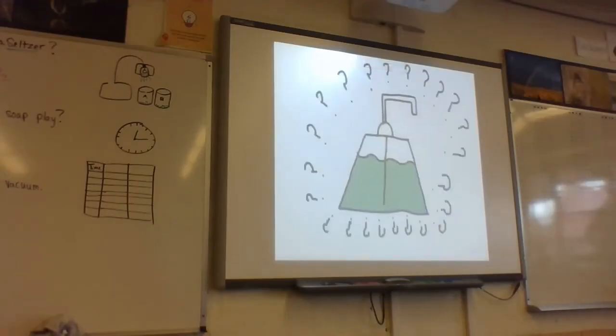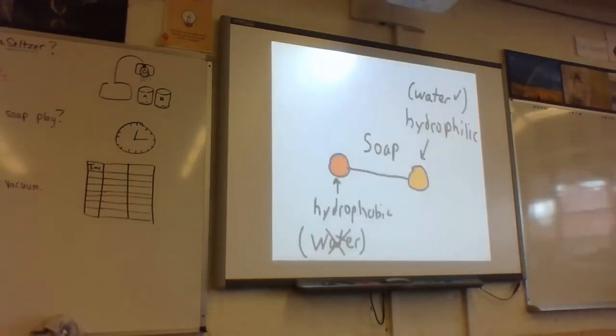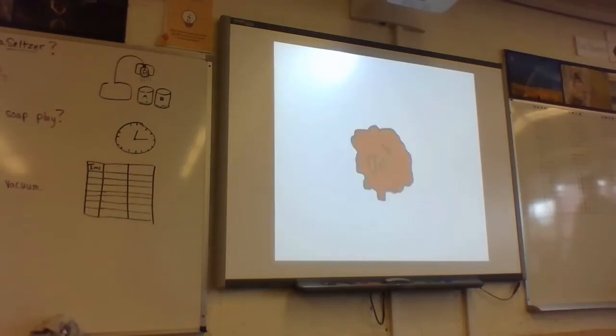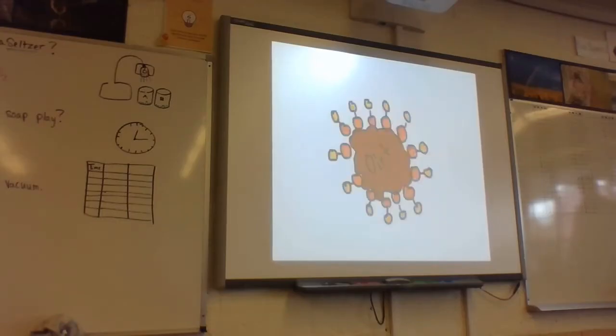How does soap work? A soap molecule has two ends. One end is hydrophilic. This end is attracted to water, and the other end is hydrophobic, which is attracted to oil. This is what makes soap so awesome. Oil and water don't mix. The hydrophobic side of soap attaches itself to oil and dirt particles.